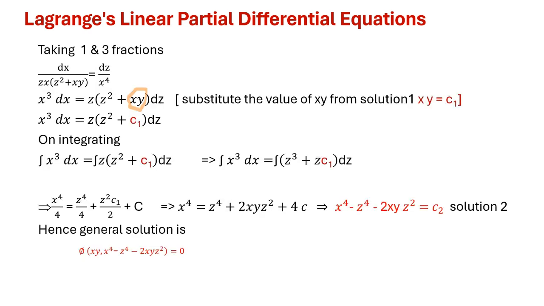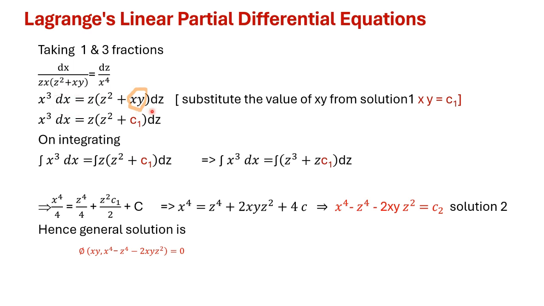Now we'll take 1 and 3. Here when we see, this x and one of the x from here will get cancelled, and so here we'll have x cube. Bring this x cube here and bring this term here. So x cube dx is equal to this term into dz.